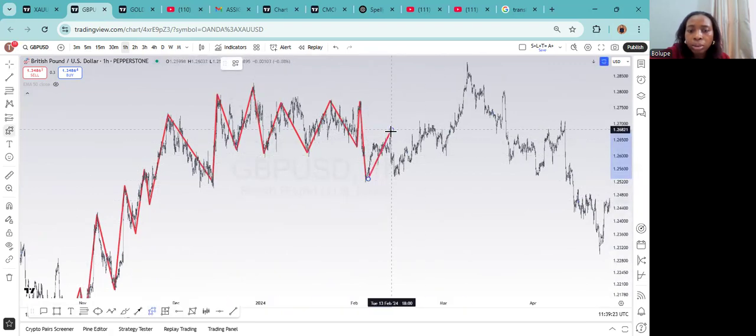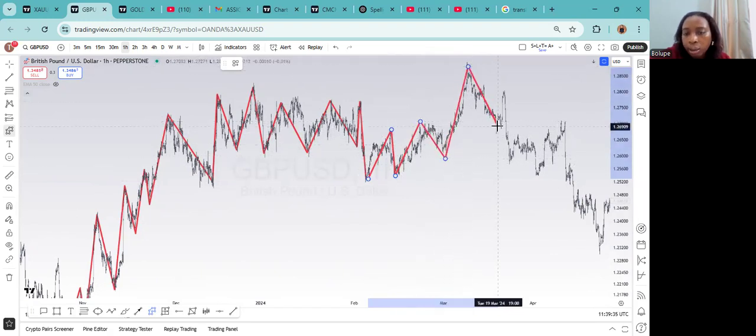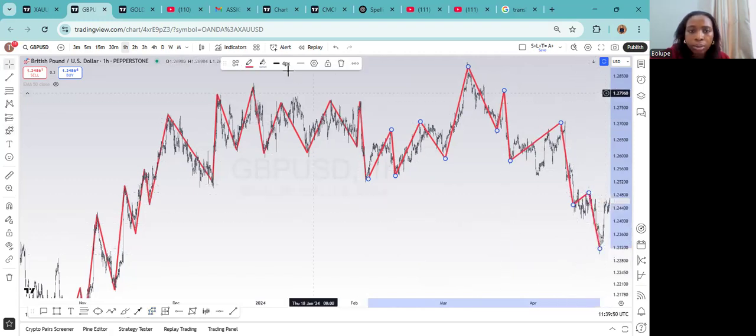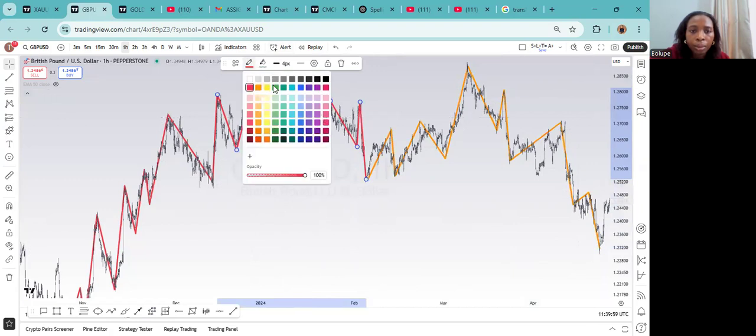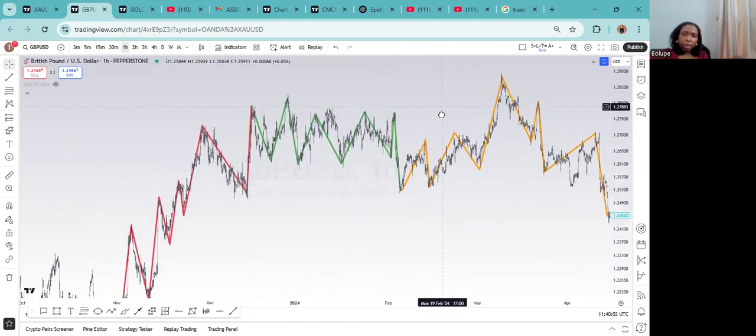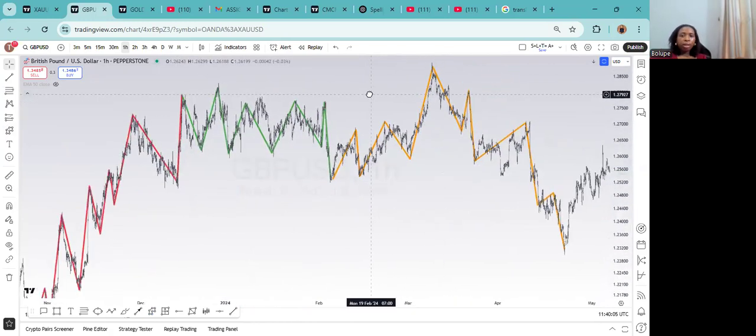So we go lower high, equal low, higher high, higher low, higher high, higher low, lower high, lower low, lower high, lower low, lower high, lower low. So this is basically market structure.